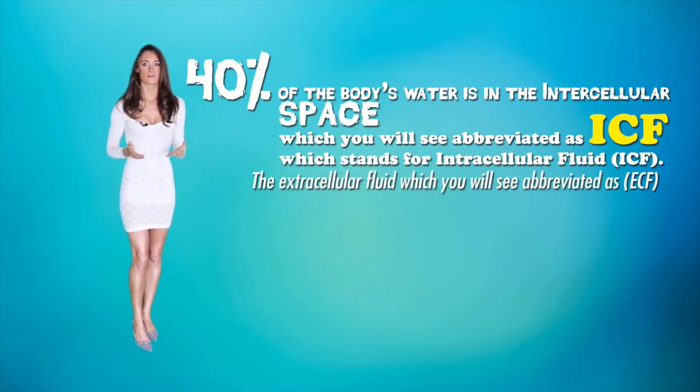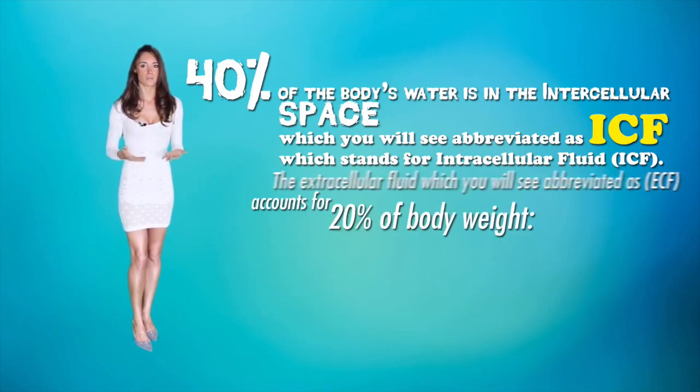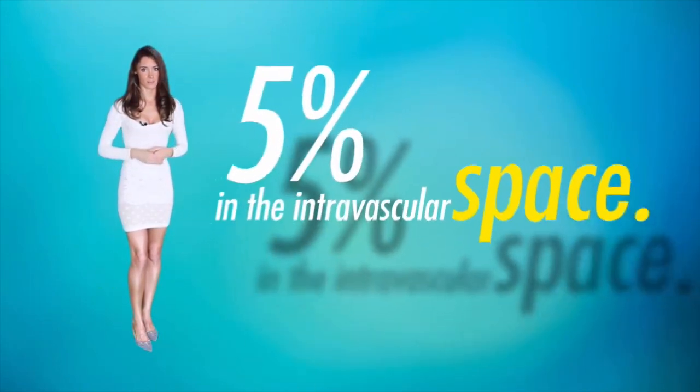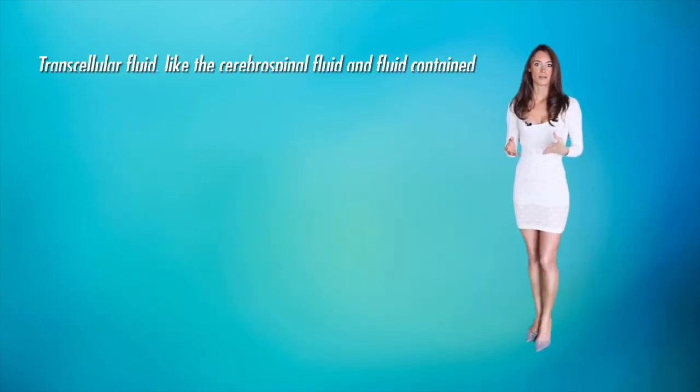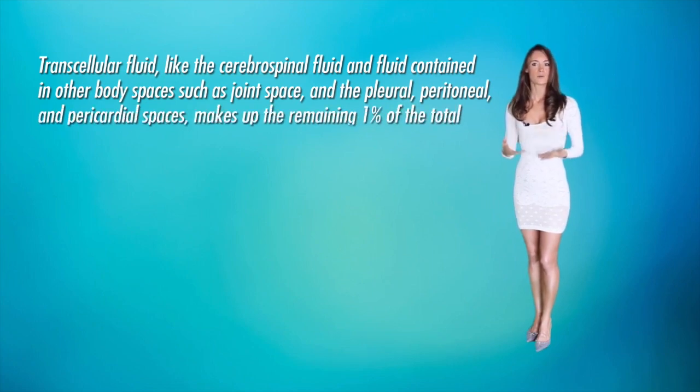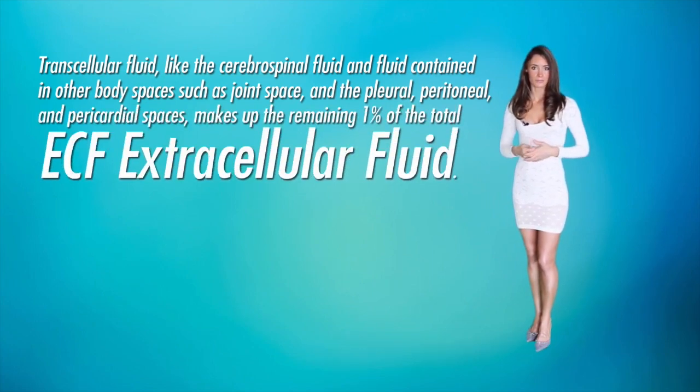The extracellular fluid, which you will see abbreviated as ECF, accounts for 20% of the fluid, 14% in the interstitial space, and 5% in the intravascular space. Transcellular fluid, like cerebrospinal fluid, and fluid contained in the other body spaces, such as joint space, pleural, peritoneal, and pericardial spaces, makes up the remaining extracellular fluid.